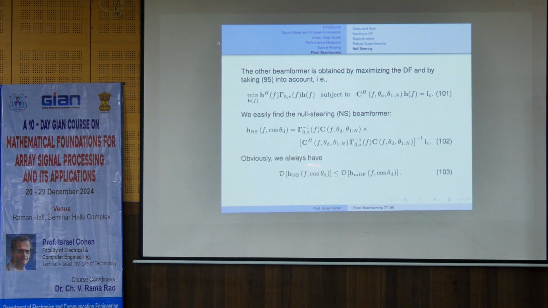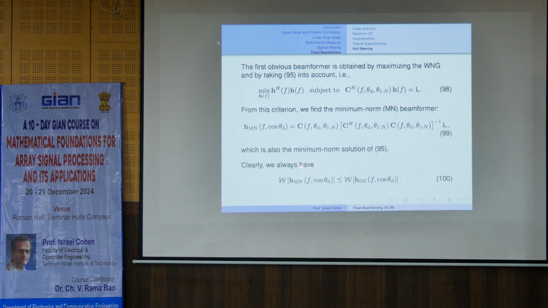And of course, you see that also here, okay? When we design a beamformer with additional constraints, the white noise gain that is achieved using this beamformer is smaller than the one without these constraints.